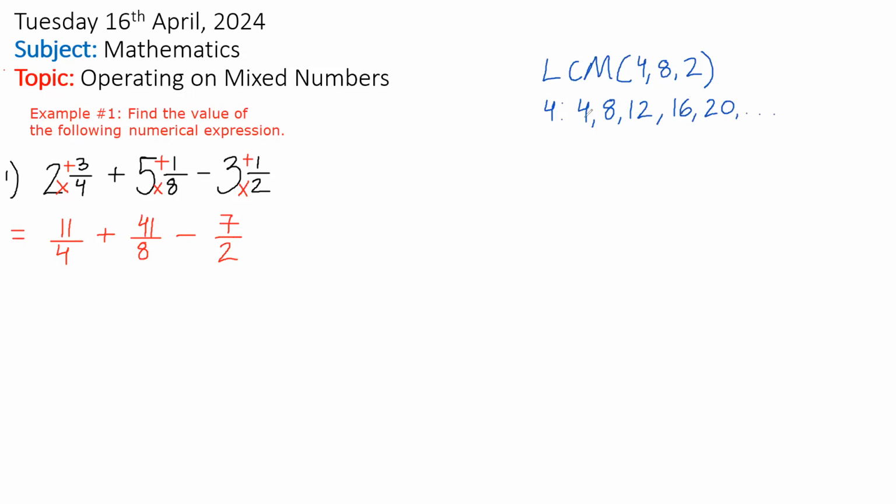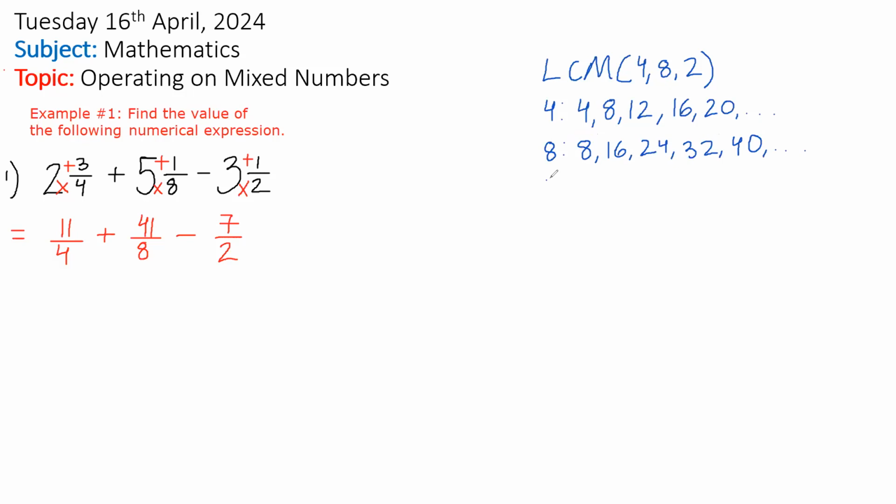The multiples of 4 are 4, 8, 12, 16, 20, 24, and so on. The multiples of 8 are 8, 16, 24, 32, and 40, and the list goes on.